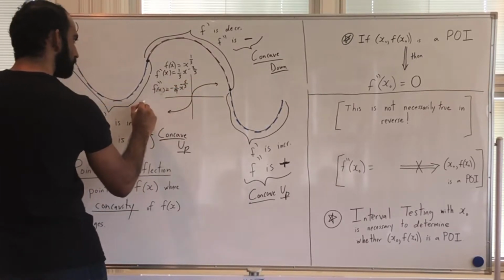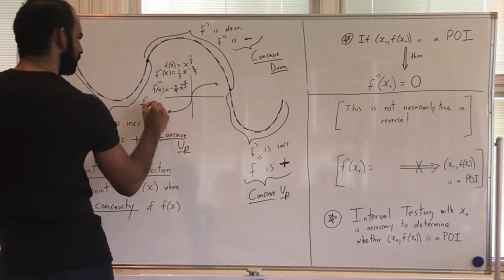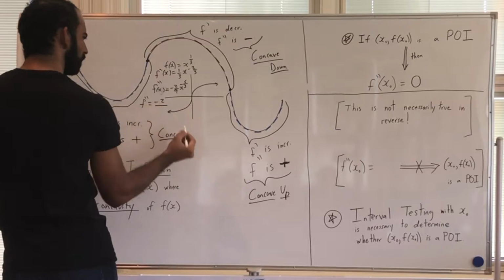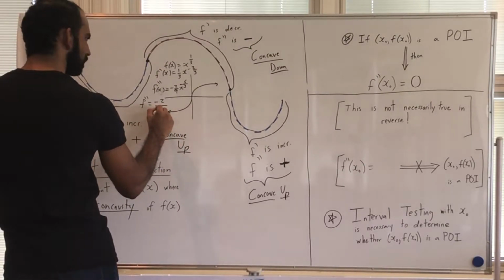Negative 5/3, yes. And we can rewrite that as f double prime is negative 2 all over 9 times the cube root of x to the 5th.